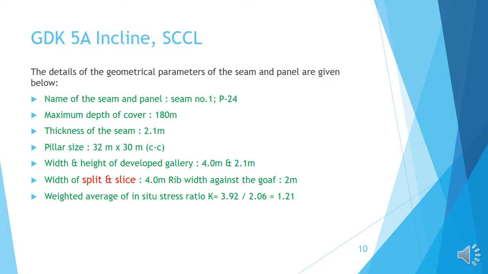Width of the split and slice are 4 meter, rib width against the goaf. Weighted average of in situ stress ratio K is 3.92 divided by 2.06, that is, the ratio of horizontal stress to vertical stress is 1.21.